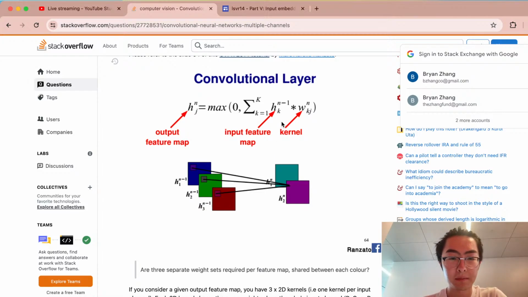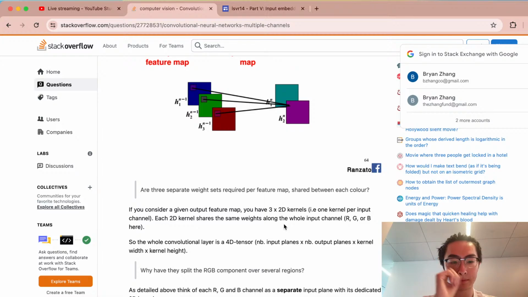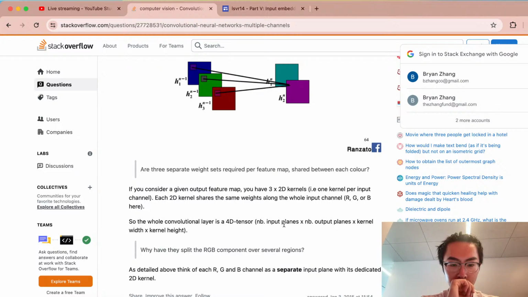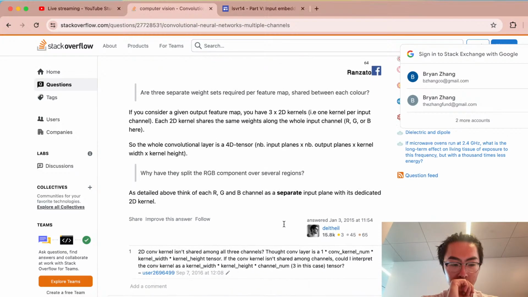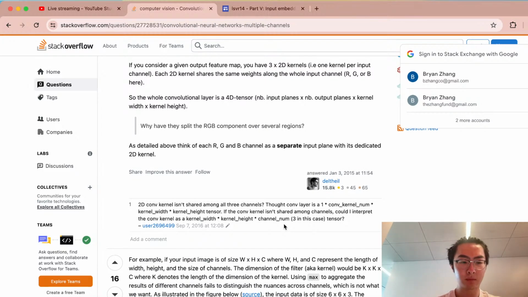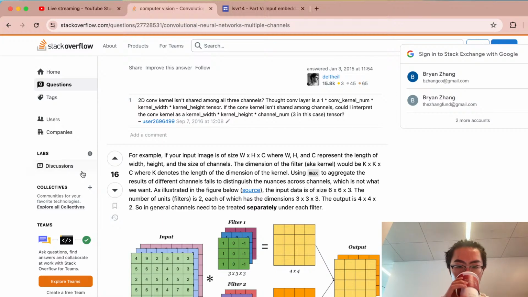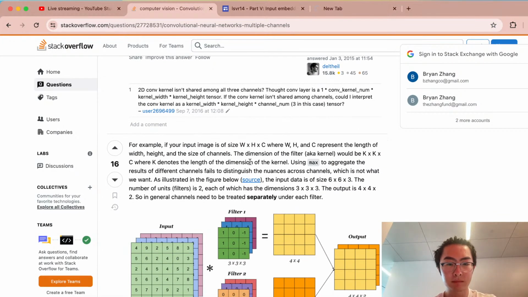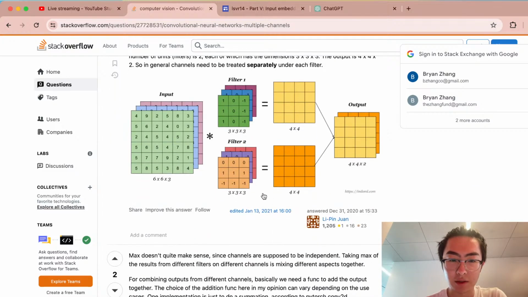Here's one input feature map. Maybe this is a question for ChatGPT. Seems to be some competing arguments.